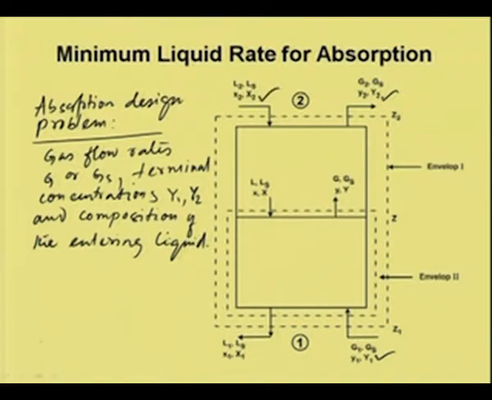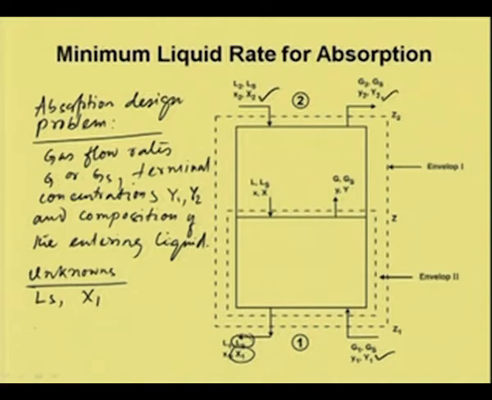So, now our principal purpose is to get Ls and X1. So, these unknowns are Ls and X1. This can be obtained if we consider envelope 1, which is the whole contactor or absorber.